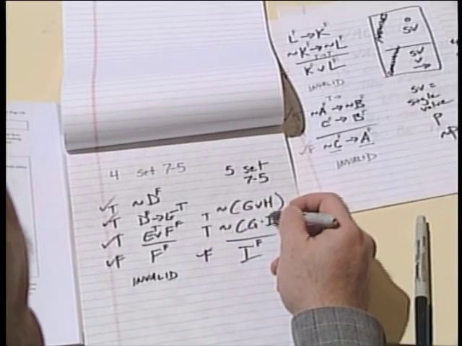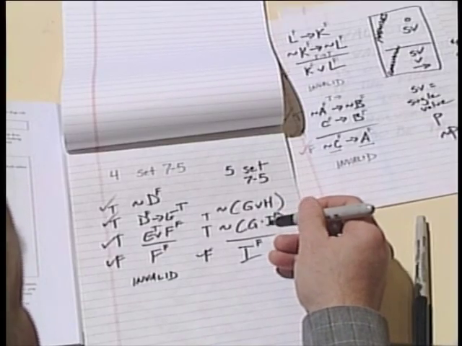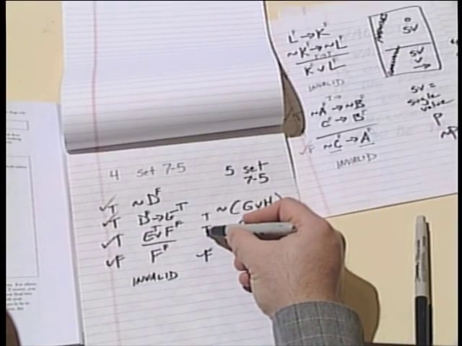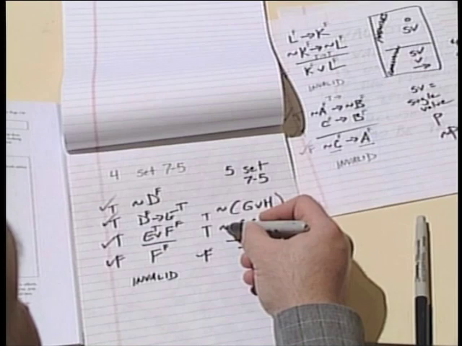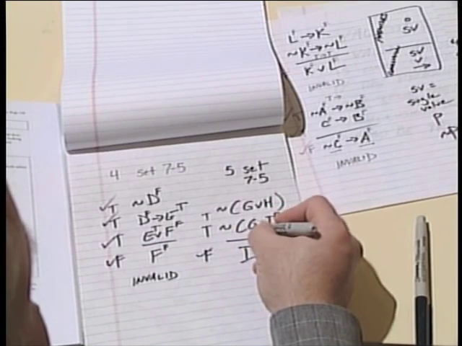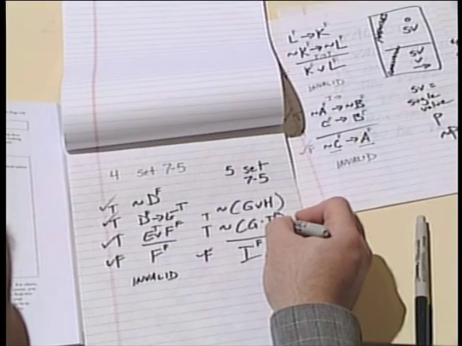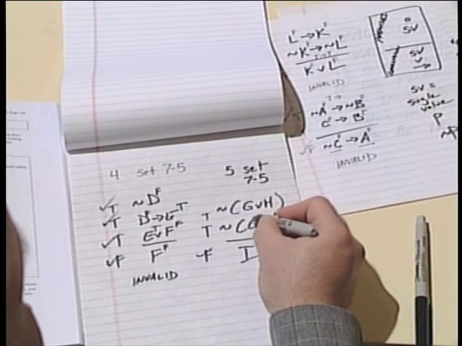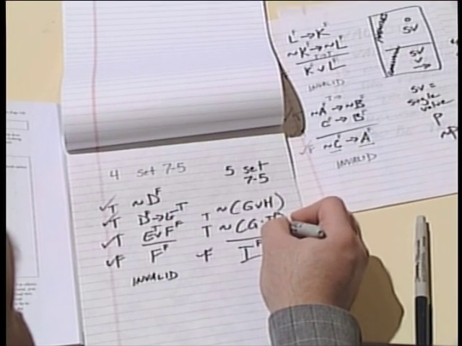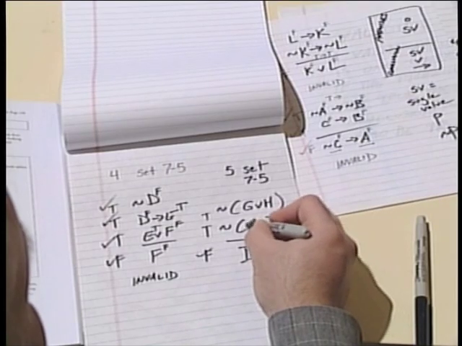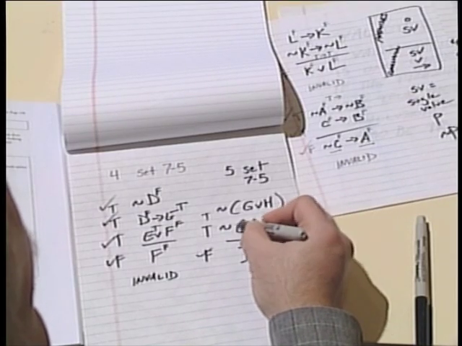Now I go up to line 2 because that's where I've got some information to get a little traction here. I want to make the whole thing true, but it's going to be negated, which means that the thing inside has to be false. G or I. Well, no matter what I do to G, because of the I being false, this whole thing's going to be false, and that's going to be true.